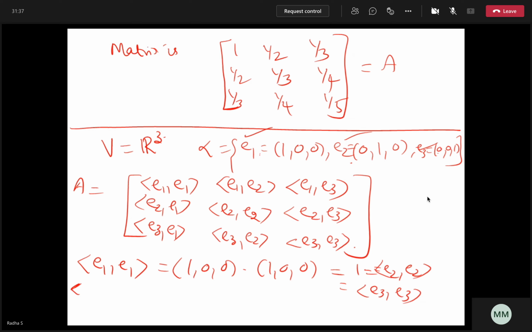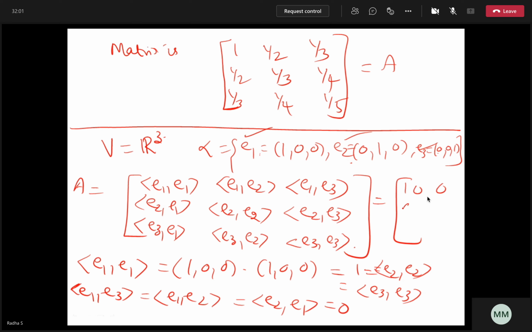But if you consider E1, E2, E1, E3, E2, E3, all these things are mutually orthogonal to each other. Find E1, E3, or E1, E2, or E2, E1. Anything you find the dot product, it will be 0. So this matrix is the identity matrix. Is it clear?